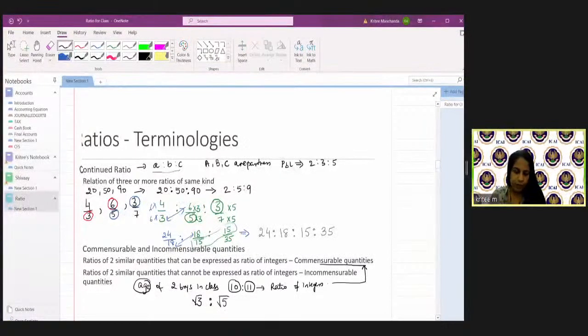So we clearly know that root 3 and root 5 are not integers, and hence these quantities are known as incommensurable quantities.